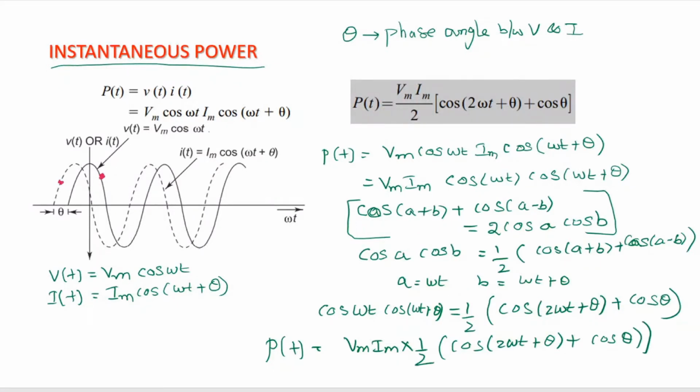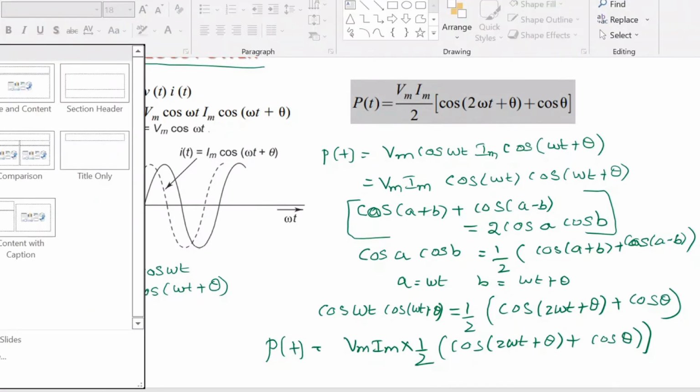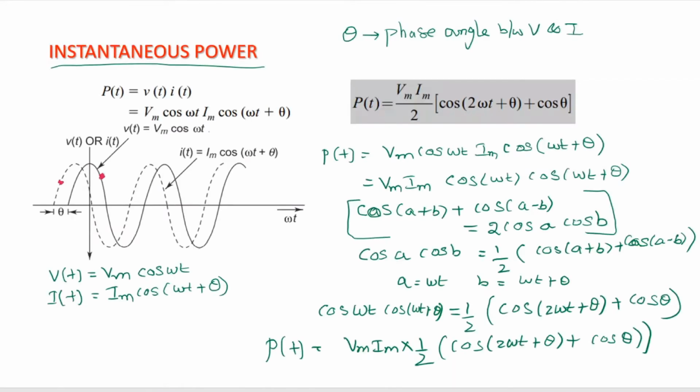Now what you have derived? We have derived the instantaneous power P of t in terms of theta and t. And you are going to use this expression to find the average power. Am I clear up to now? Please respond. Yes, sir.